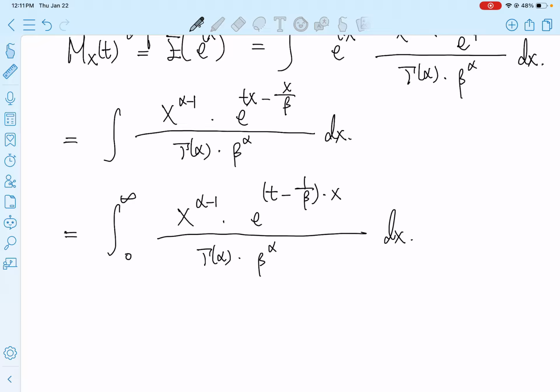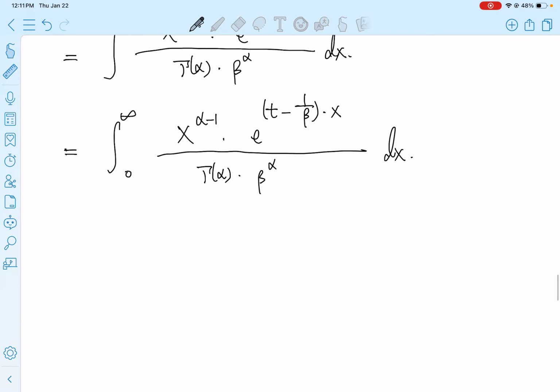Okay, and let's do one more change. Now I'm going to move the negative sign for this constant to the front. So we introduce a negative, and this time we need to change the order: 1 over beta minus t, multiplied by x.